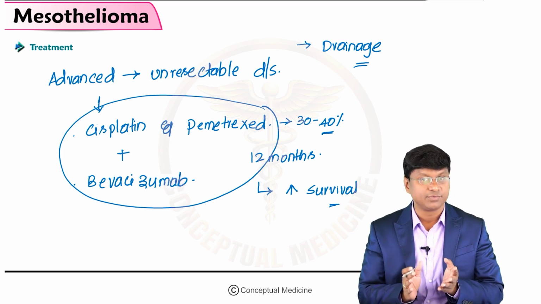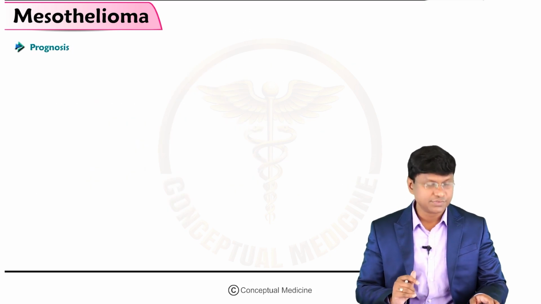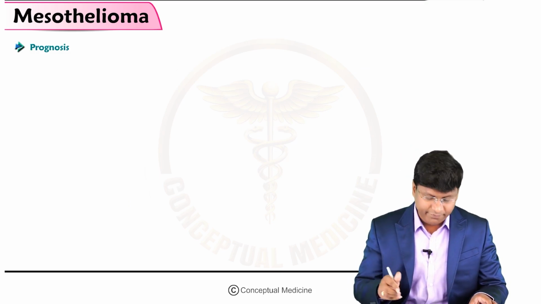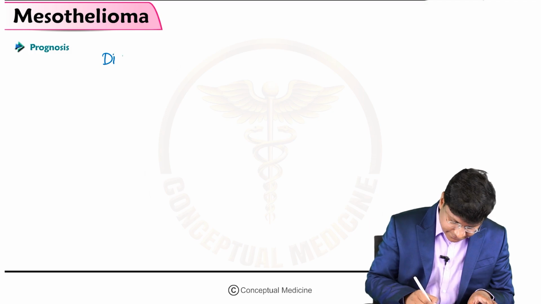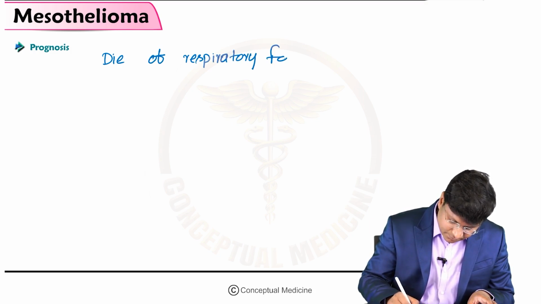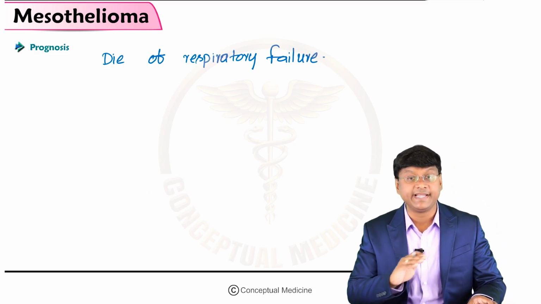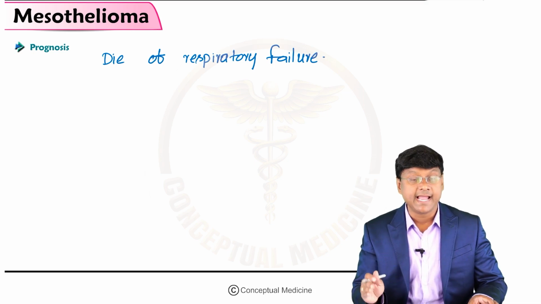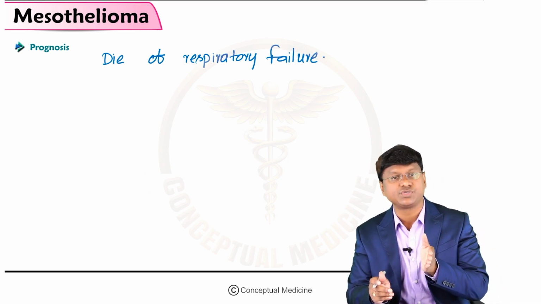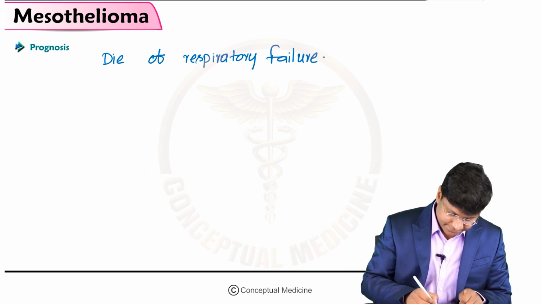Then, after having discussed the treatment, how will be the prognosis in this individual? Most of the patients die of respiratory failure, and they may also die because of complications of the local extension.